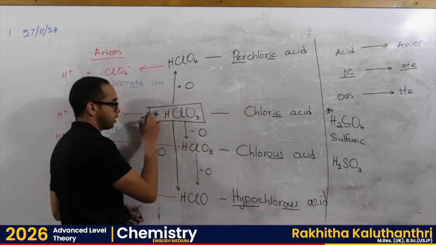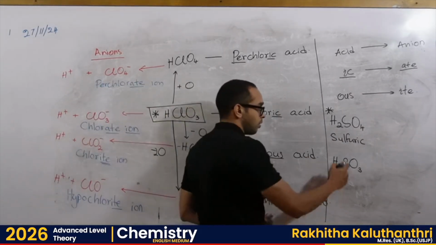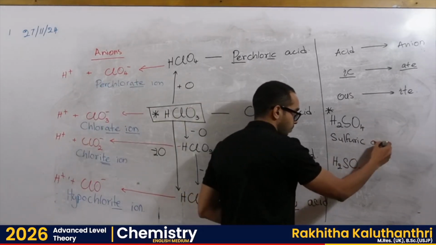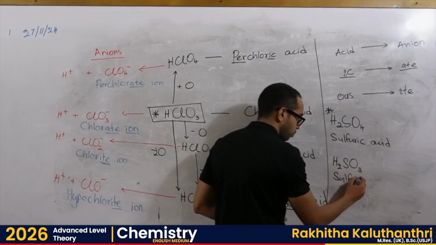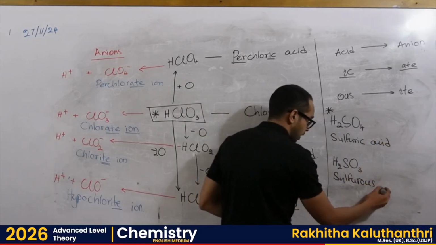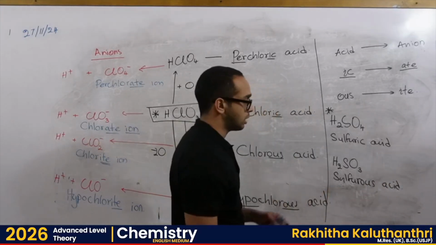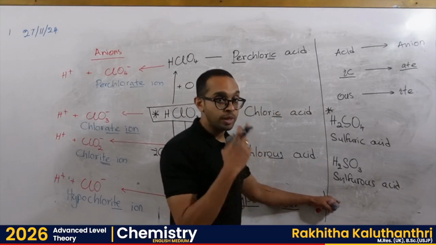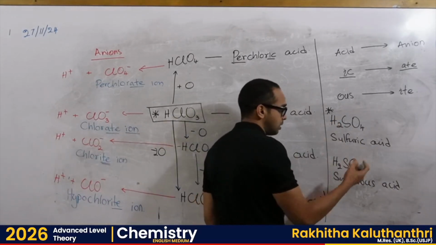When one oxygen is removed from there, what do you get? The name of this acid changes to sulfurous acid. Sulfurous acid. So these are the main two acids of this particular oxo acid. These are the ones that we get, not the others.